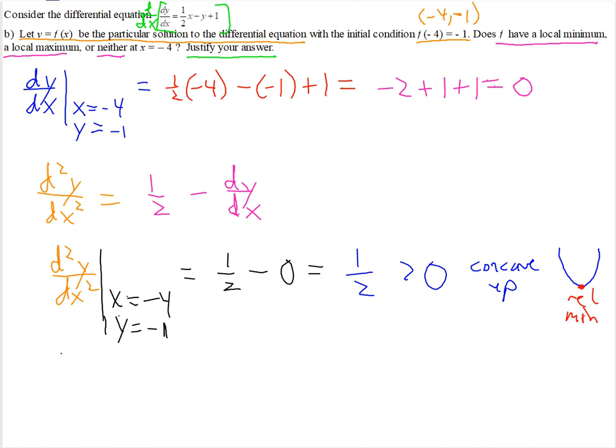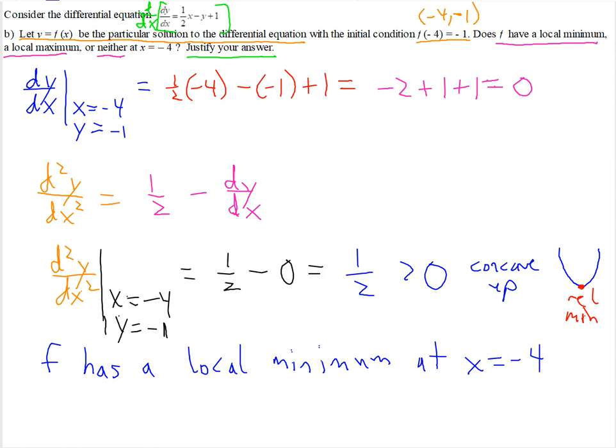So we can say f has a local minimum at x equals -4, or you could say at -4, -1, either way, worded the same way you worded it here.